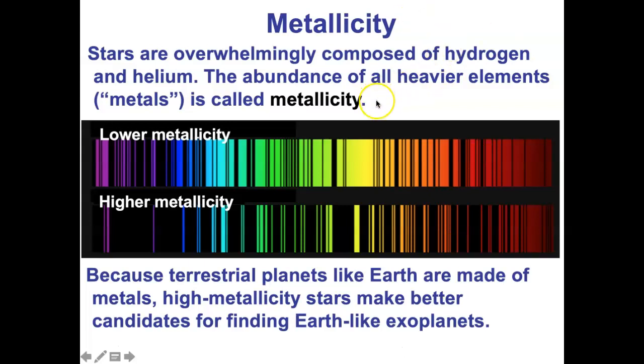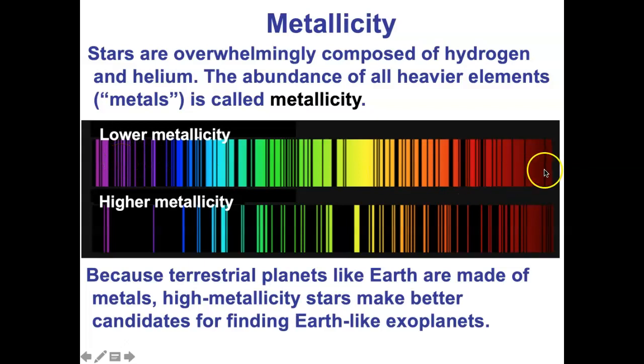Right? So metallicity is a measure of how enriched a star is in heavy elements, in metals. Let's say you look at a star and that star has a spectrum like this.